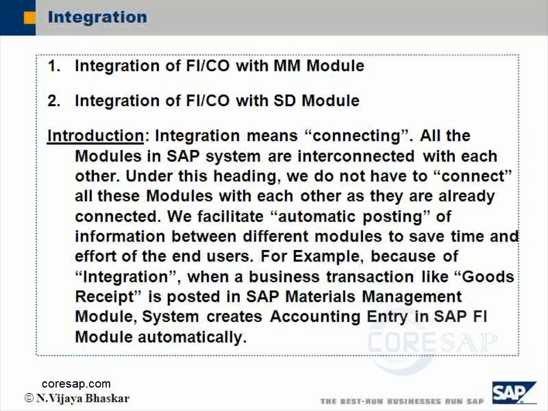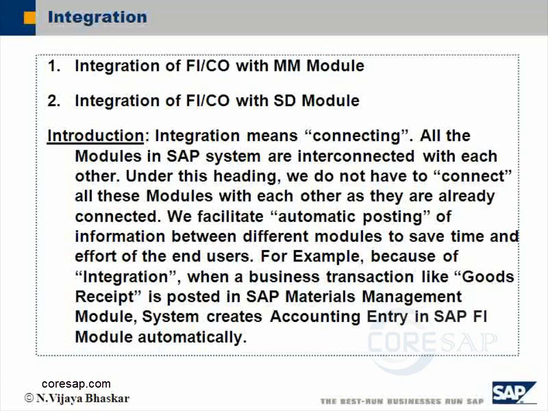Similarly, guys, one more point before we discuss integration of FI and SD. Under the heading integration, we don't connect them now. Remember that point. They are already connected with each other. Every module is connected to every other module, the other department. Technically, they are already connected.